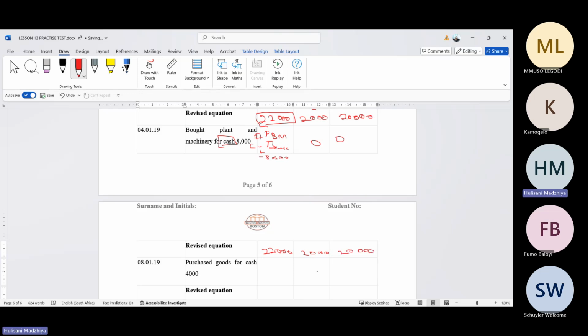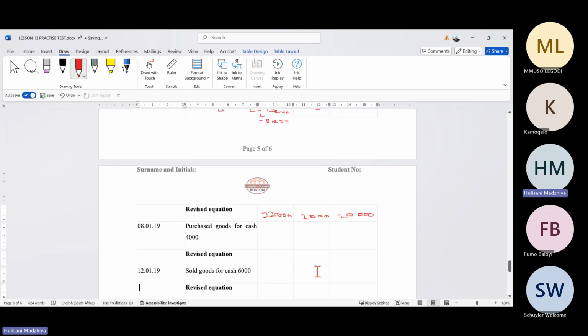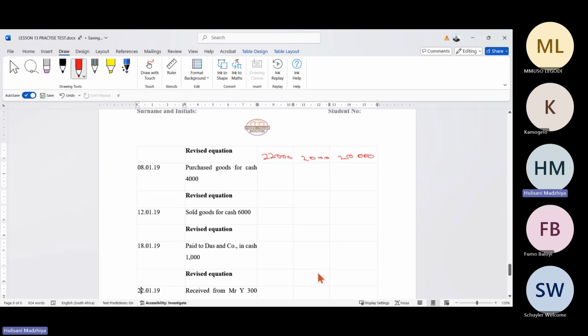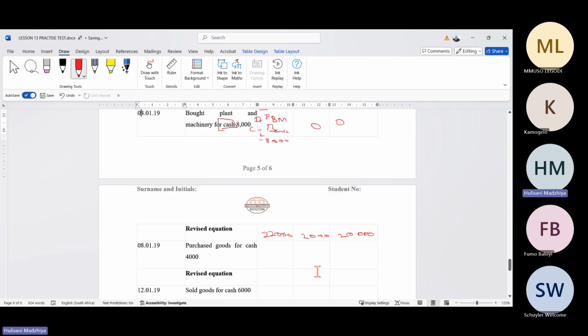So this is what a revised equation will look like. However, going forward, I'm not going to be doing the revised equation. I'm just going to be answering the question. I'll leave this to you to work on while you're doing your practice. If you come across any challenges, please feel free to email me and I will be able to assist you.